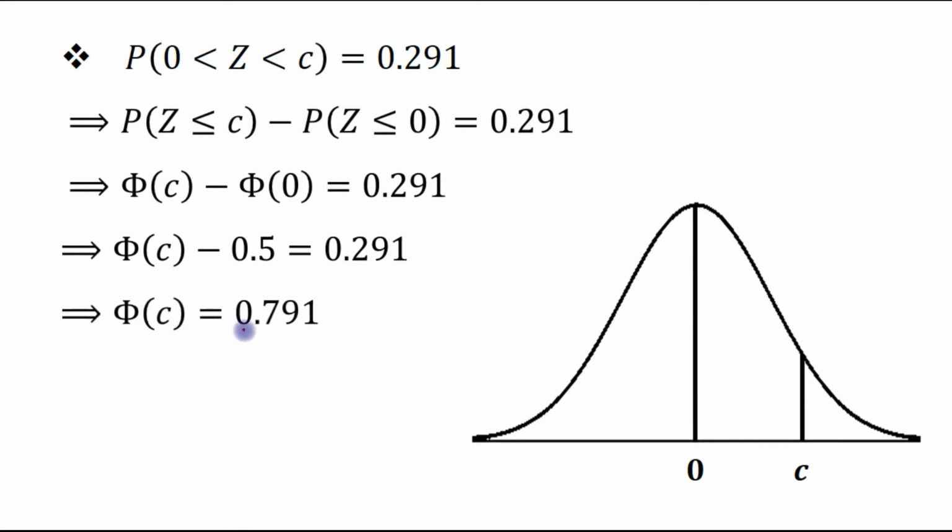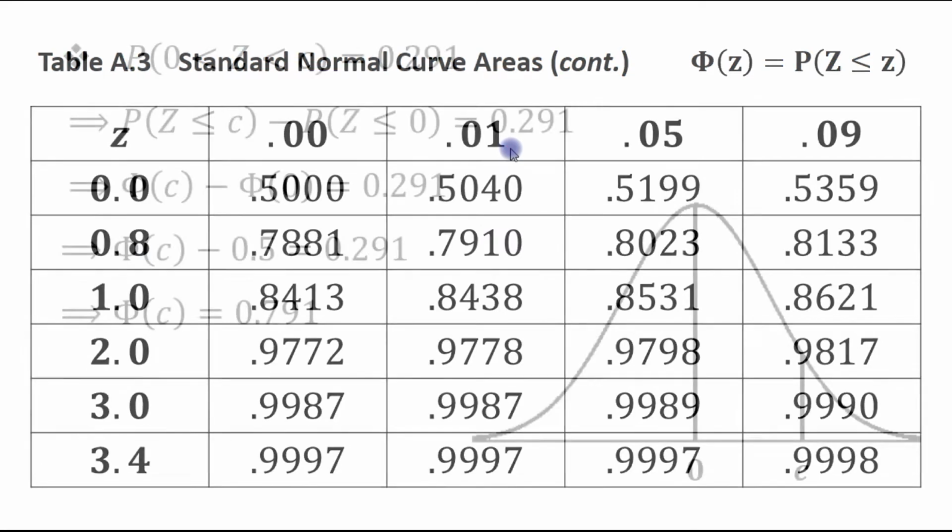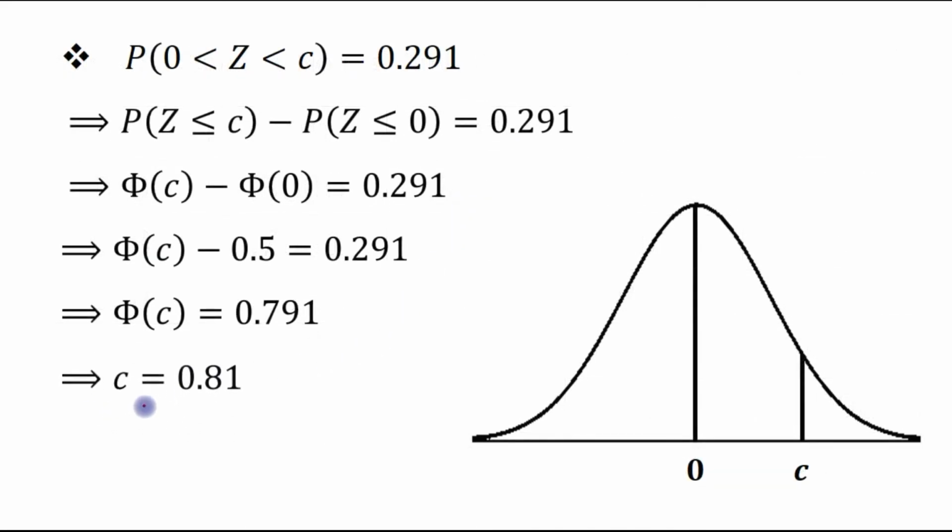So phi C equals to 0.791. And now we will look at the area 0.791, and the value of Z is 0.81. So C equals to 0.81.